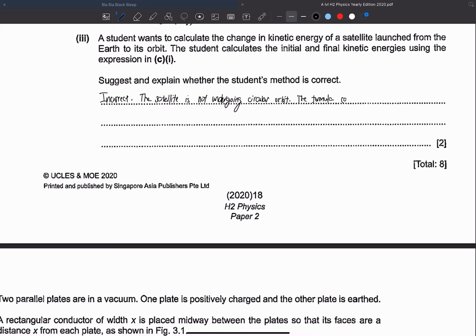The formula can only be used when a body is undergoing circular orbit due to gravitational force.